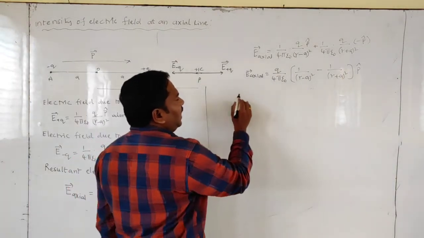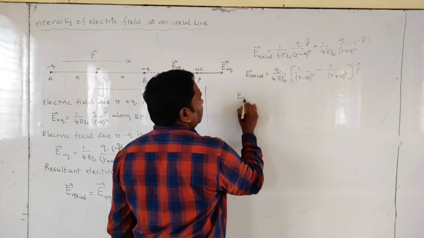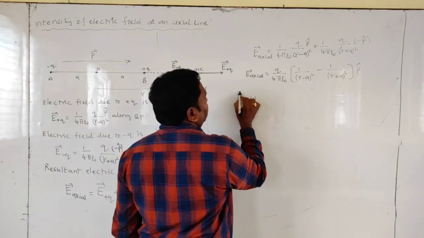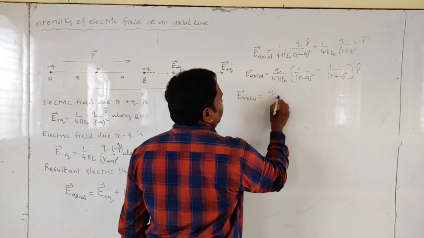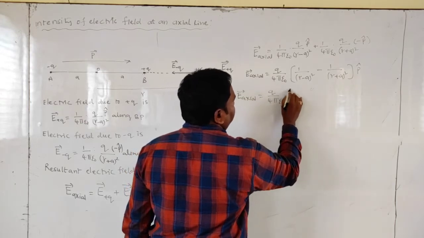Now E axial equals q by 4 pi epsilon naught.